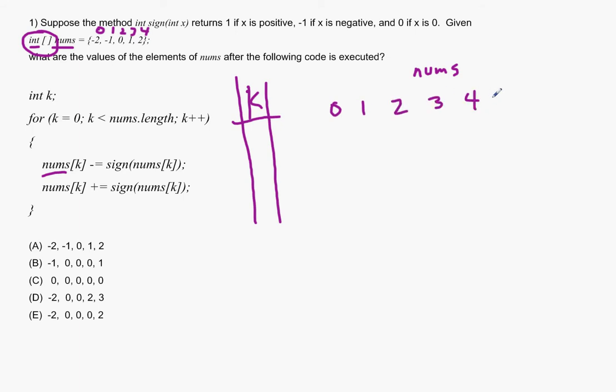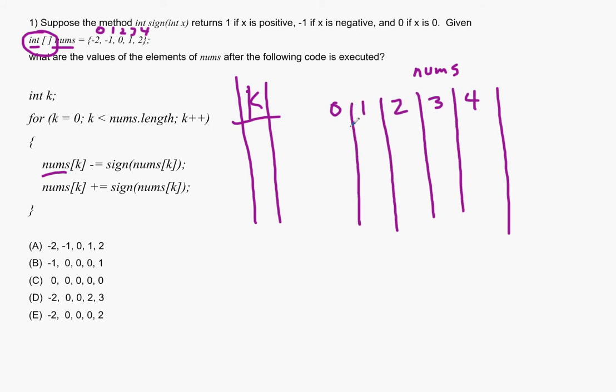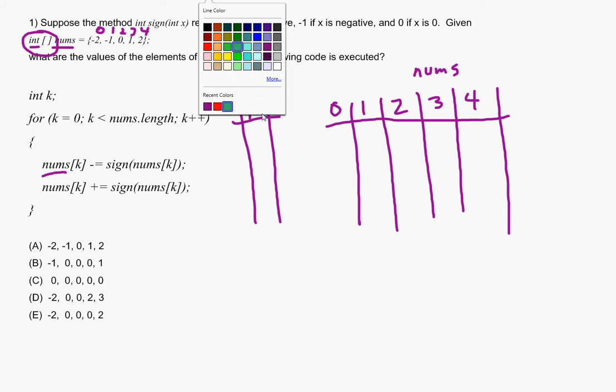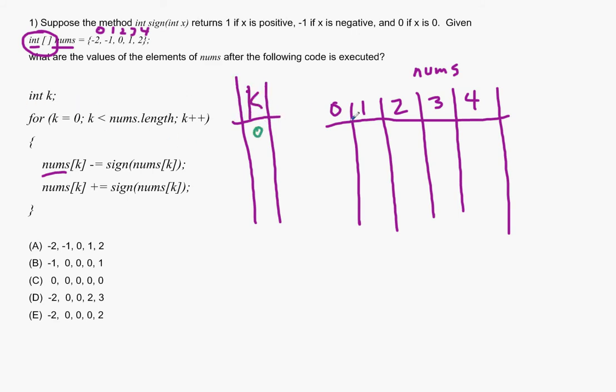So let me see if this makes any sense. In my array of integers, what's the name of those? Not k. It's an array of integers called nums, and each element, let's see, k is going to start out, according to my for loop, as 0.